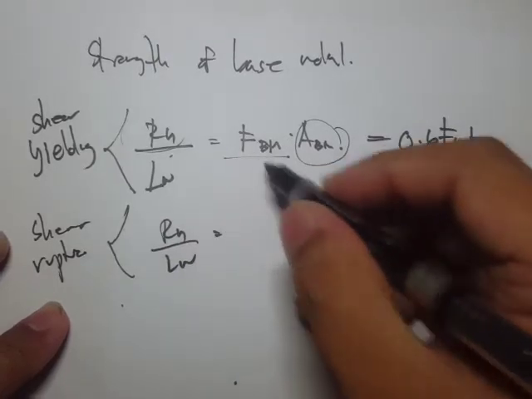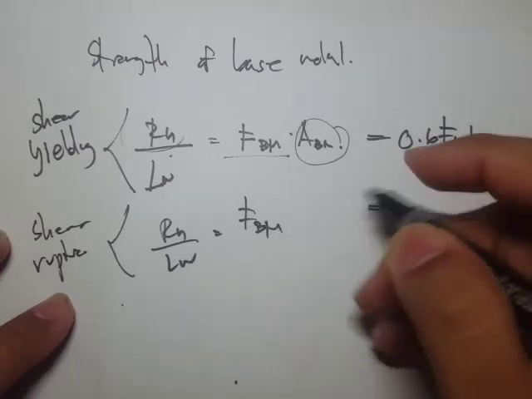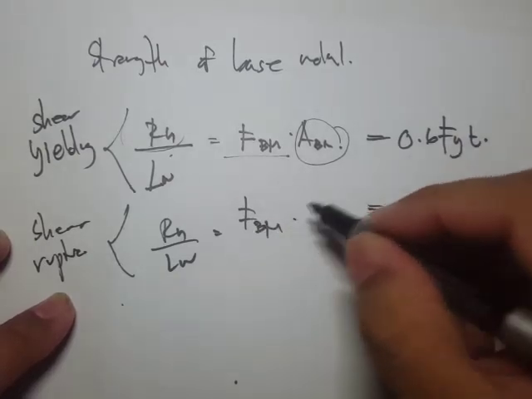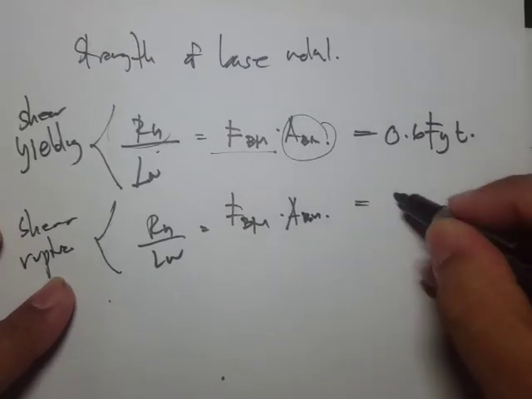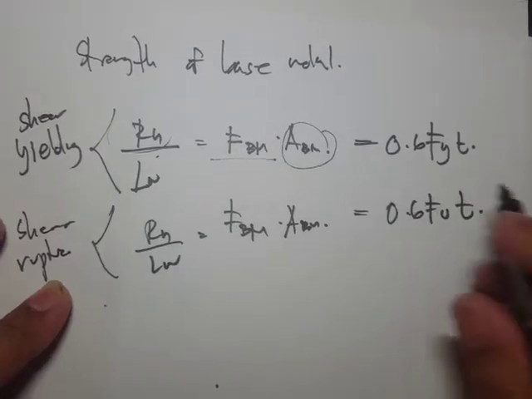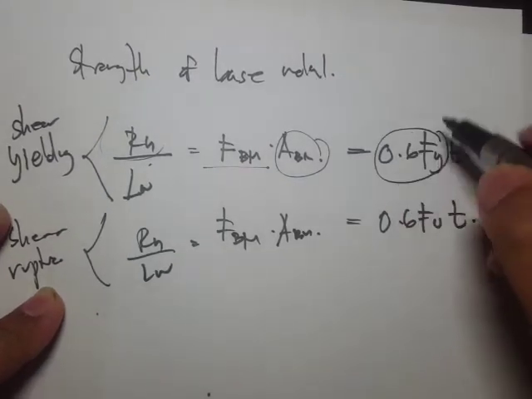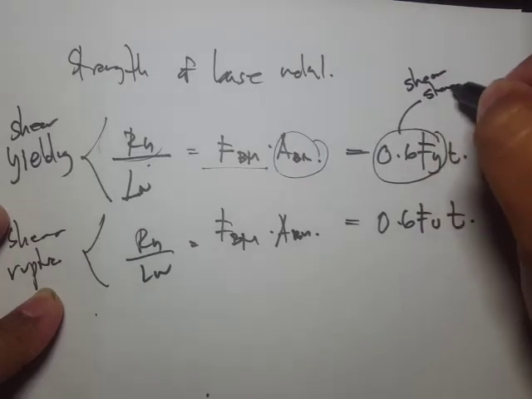That's also the same. It's the capacity in terms of fracture times the area, which is 0.6 FU T. Okay, so take note of the 0.6 Fy. This means that this is our shear strength.